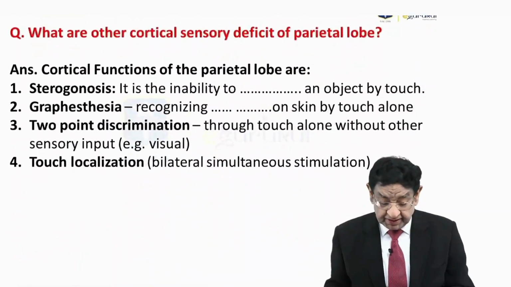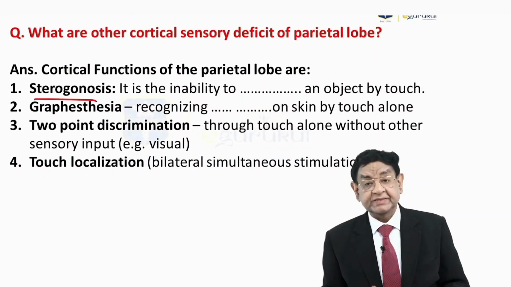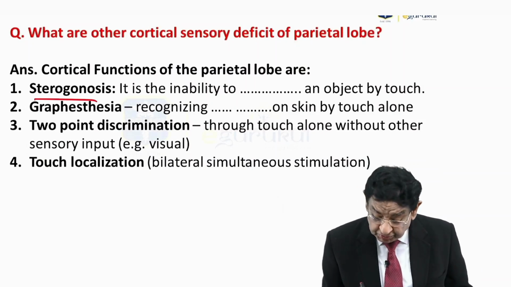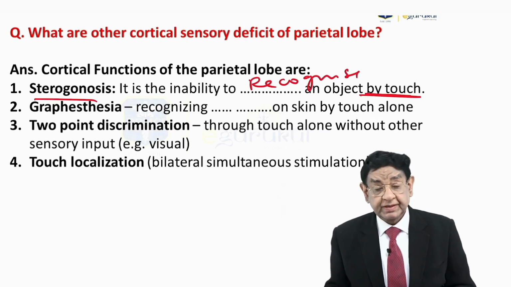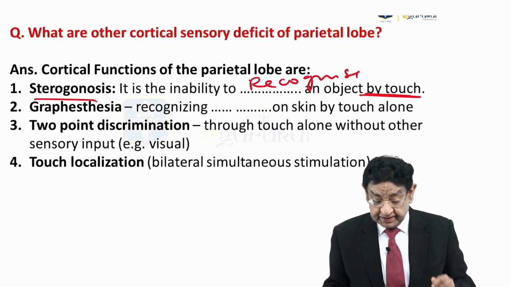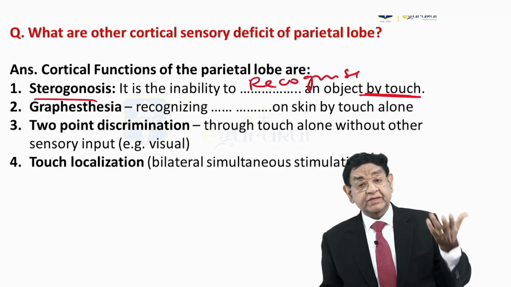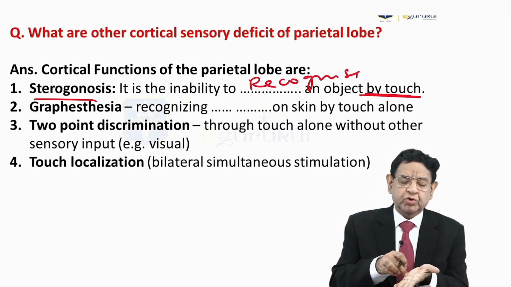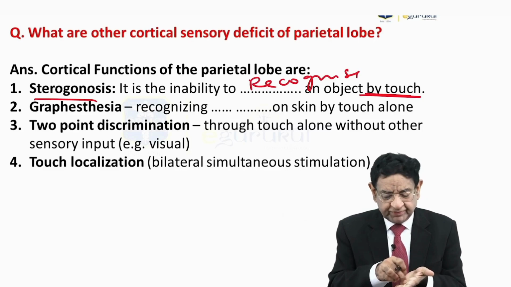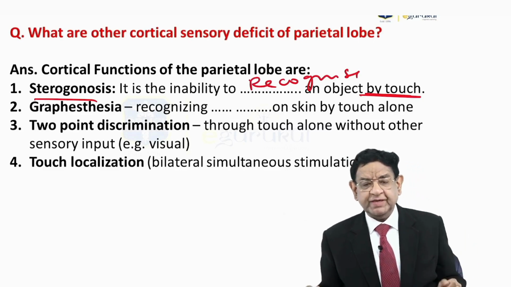Well, stereognosis is inability to recognize any object by touch. Graphesthesia, well, again, like you close the eyes and just try to write 0 on your palm, so you can appreciate what has been written.